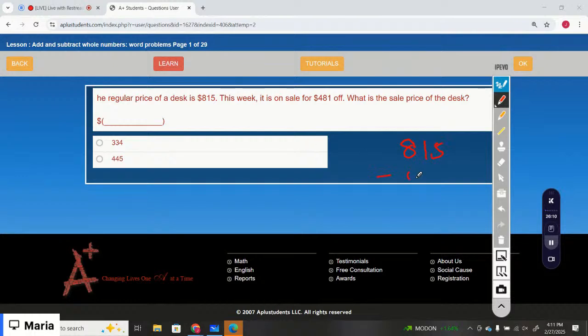On sale it is $481 off. You need to calculate the sale price of the desk, so just subtract. 5 minus 1 is 4. You have to borrow 1. 11 minus 8, and 7 minus 4 is 3. That is 334. Option number 1 is the correct option. Got it?